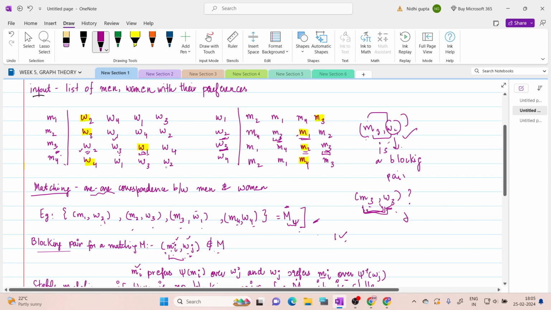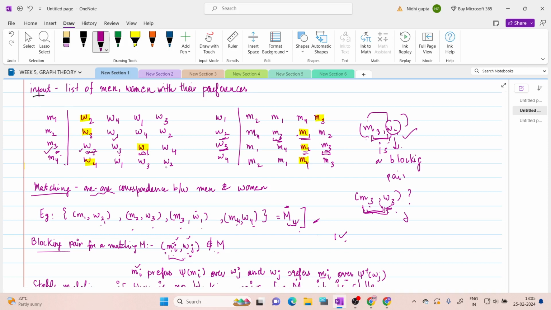So M3 W3 is not a blocking pair because W3 is not happy, but M3 W2 is a blocking pair because M3 is getting a better person and W2 is also getting a better person.